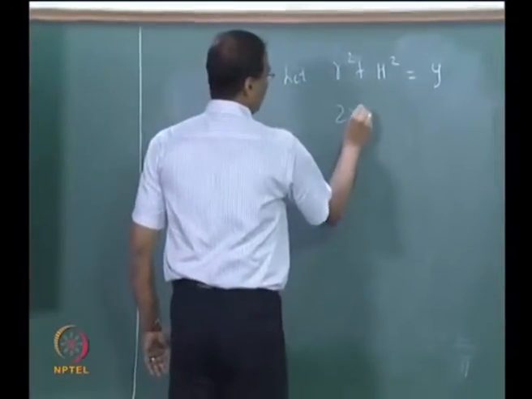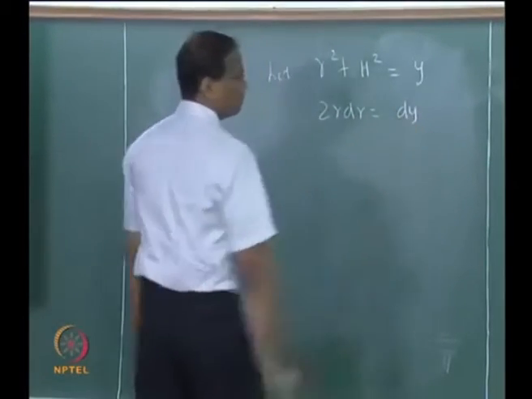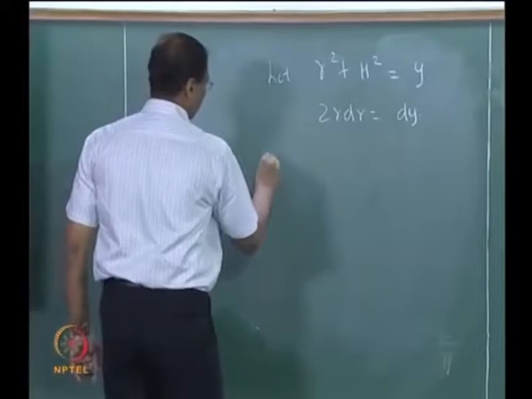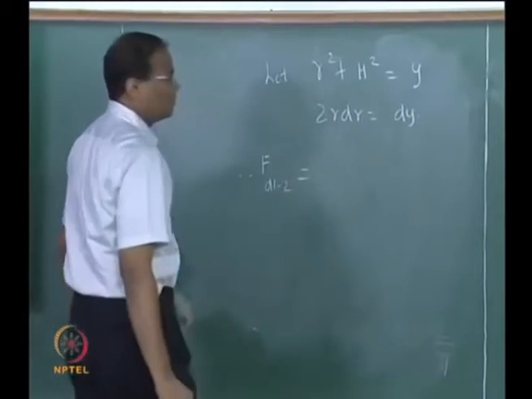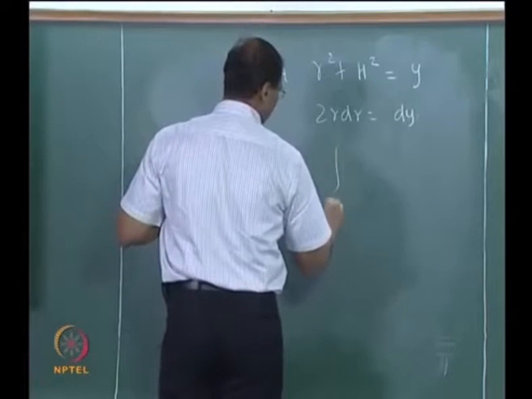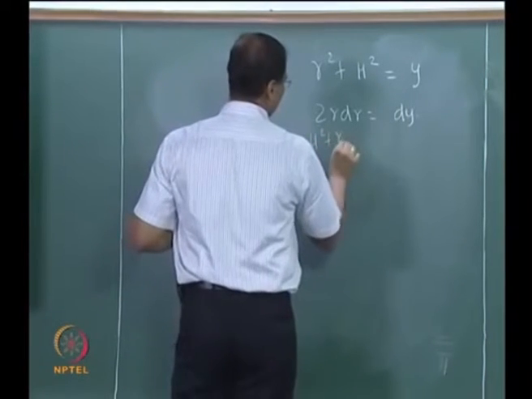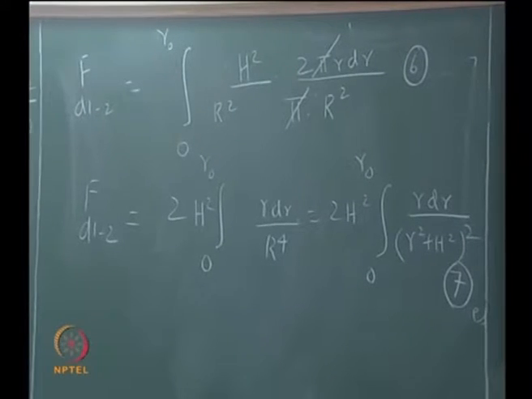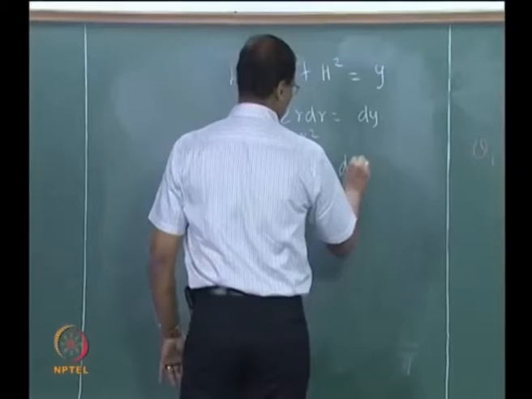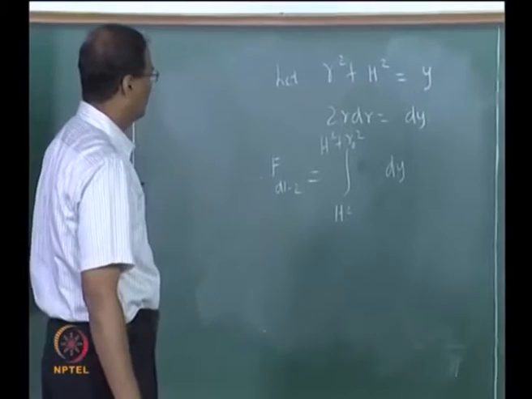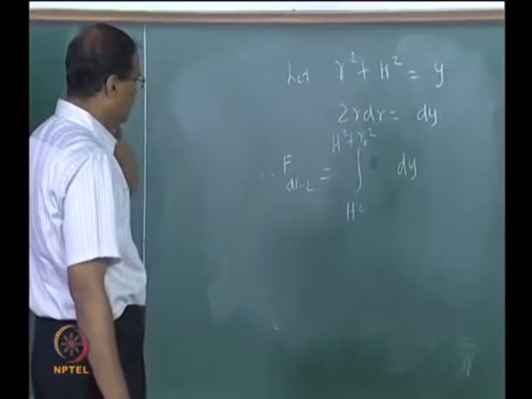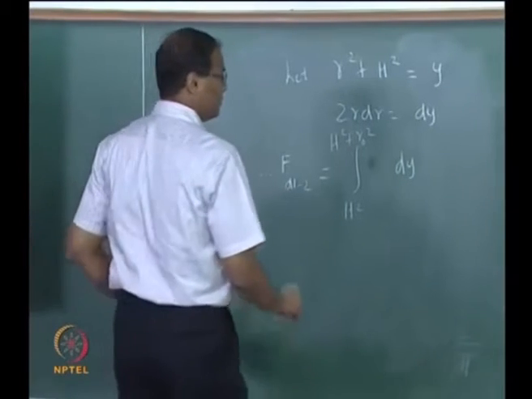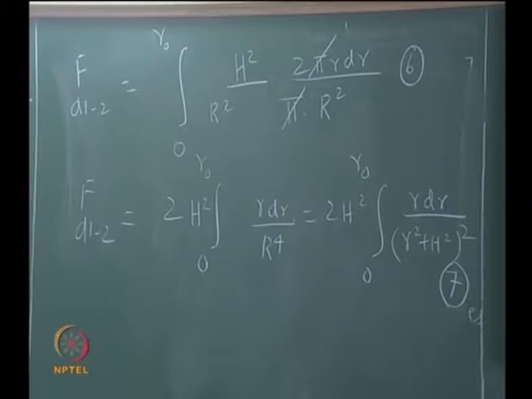Therefore I will have a half, h square by 2, y square.